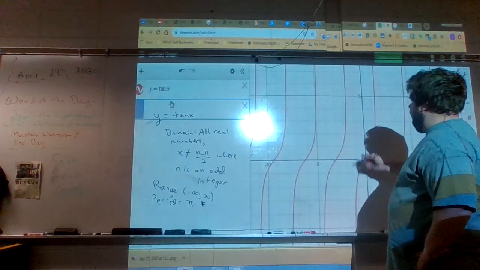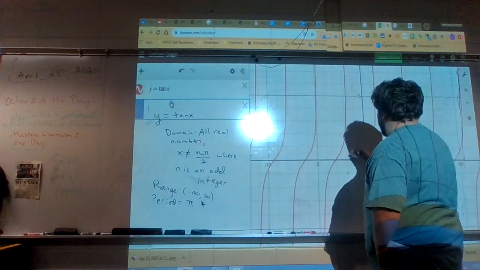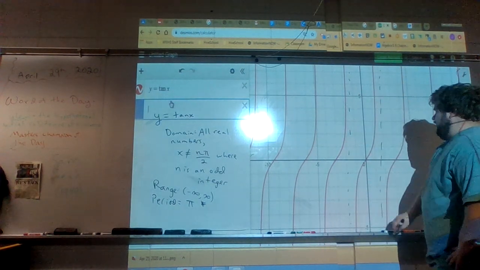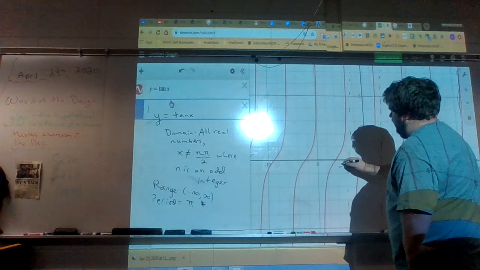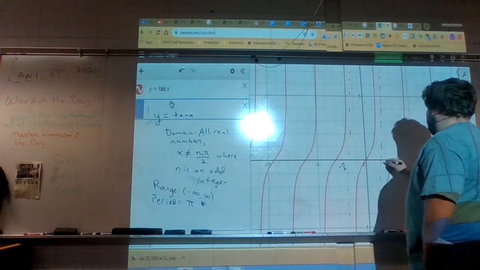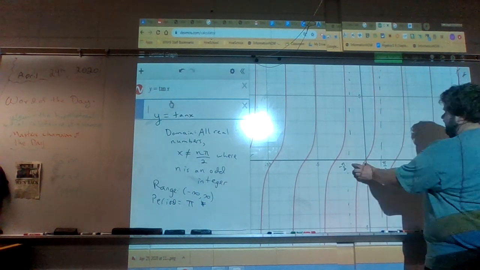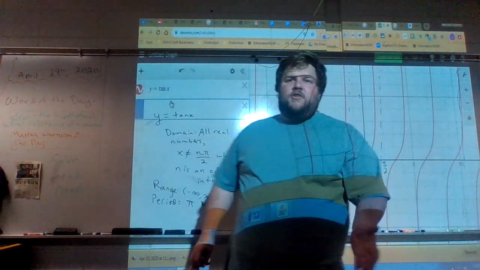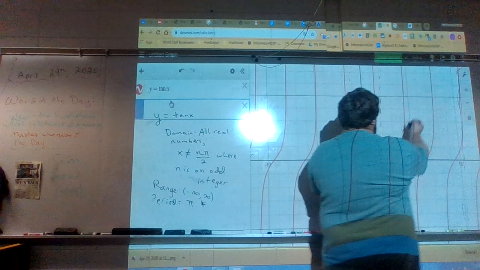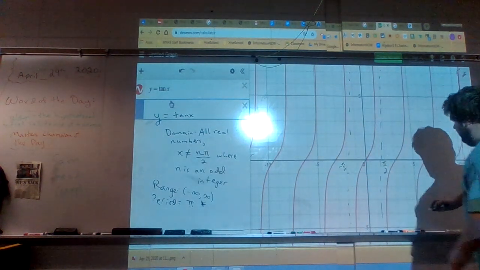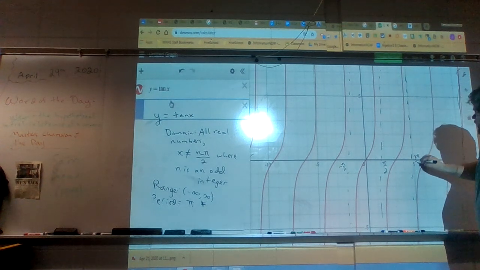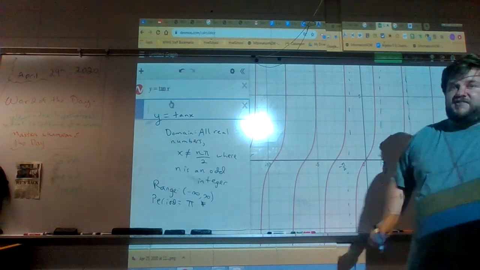You can see this pattern: when I look at these asymptotes, I go from negative pi over 2 to pi over 2. This distance, pi over 2 plus pi over 2, is just pi. So the period is pi. Every pi units, I get a graph that repeats over. So period is just pi instead of 2 pi.